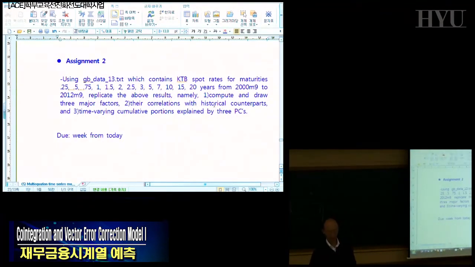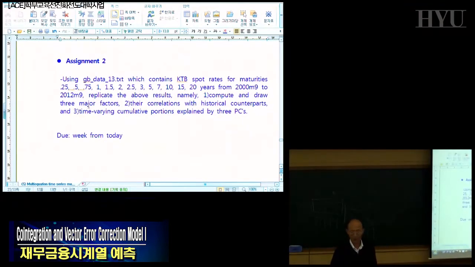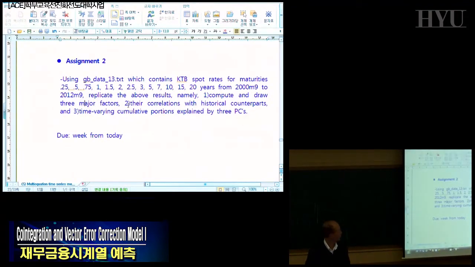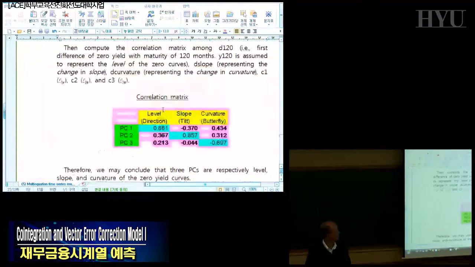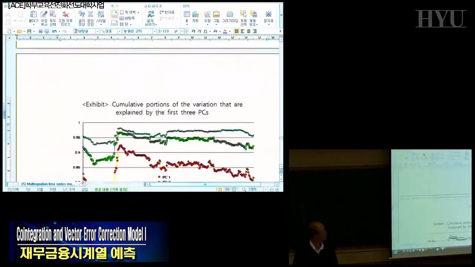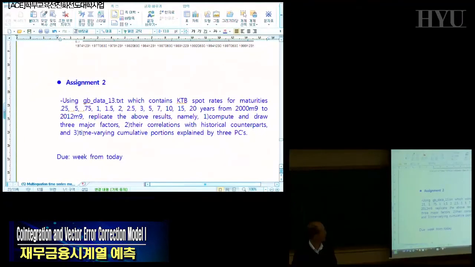And it says, can you compute the 3 major factors, and then the correlation with the historical counterpart. So check whether the kind of result we observe from US data in fact holds in Korean data.